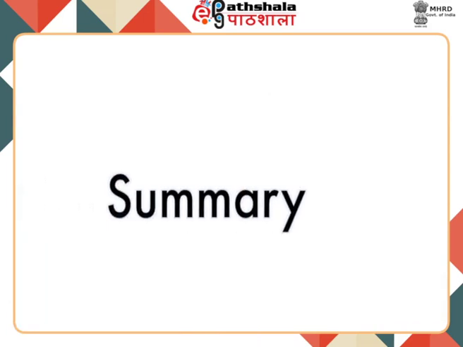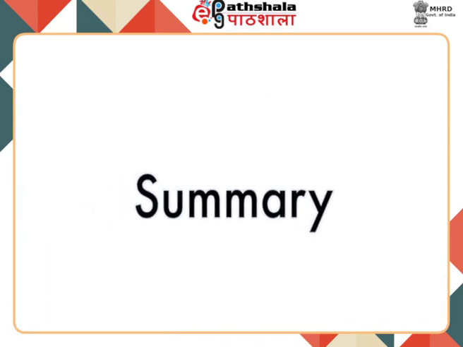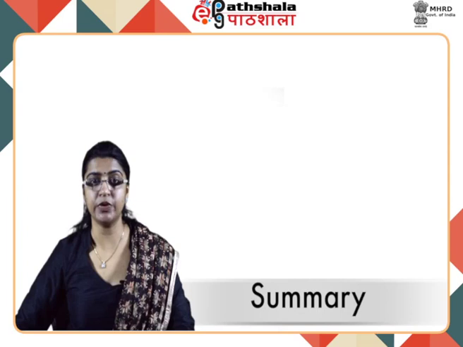Now let us summarize what we have learned. We have learned that the carboranes are compounds with the basic structural unit containing a number of carbon and boron atoms arranged on the vertices of a triangular polyhedron.